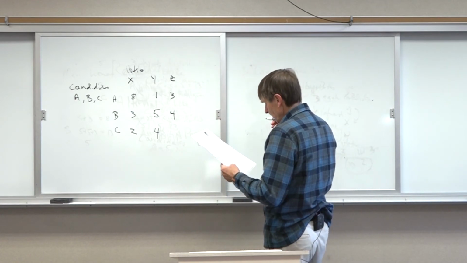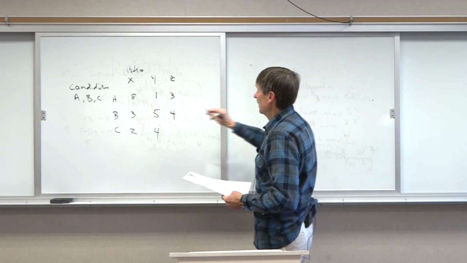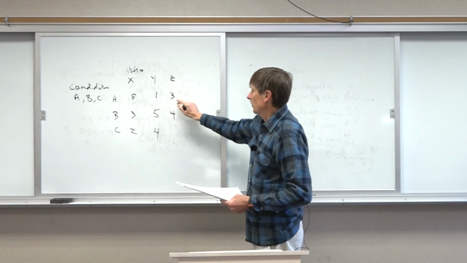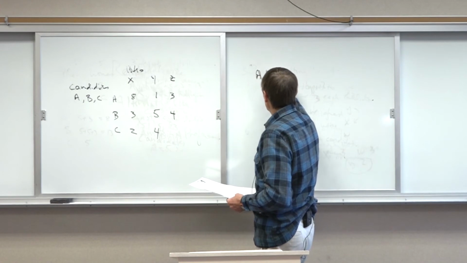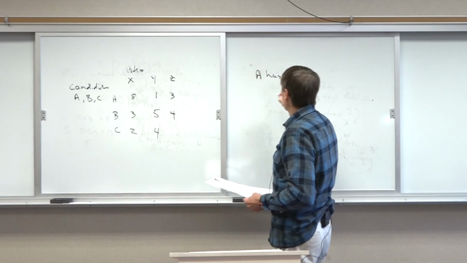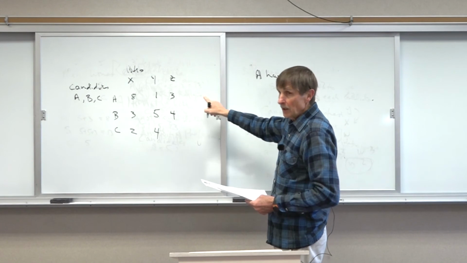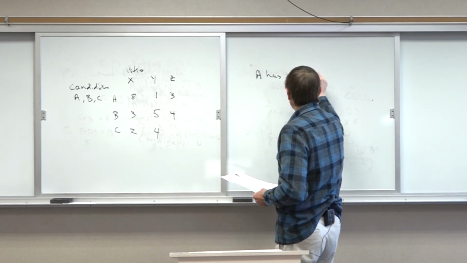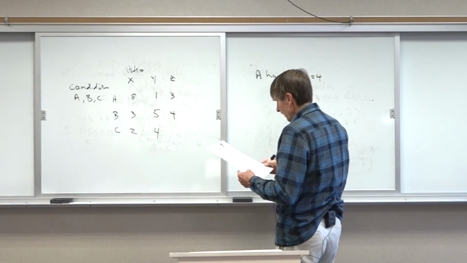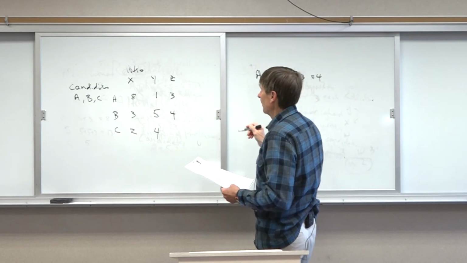then A gets 8 plus 1 plus 3. So A has 12, divided by the 3 voters. Okay, so 12 over 3, which is equal to 4. And what does B have?